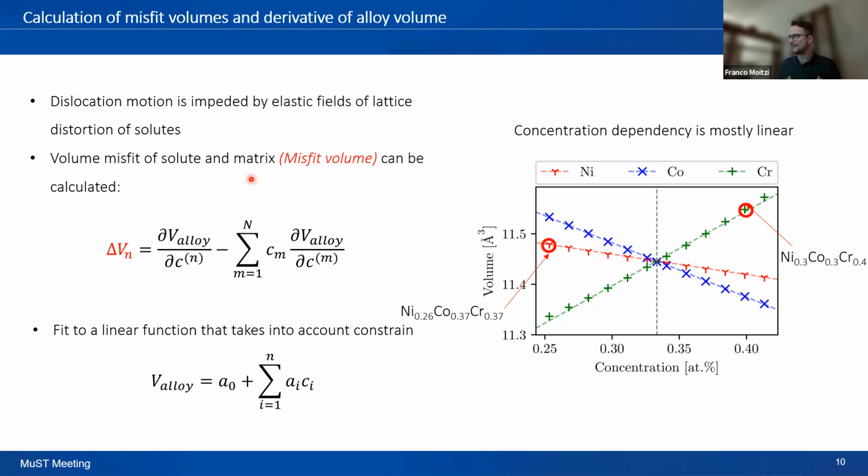It's a super heavy calculation, but if one does the same thing in FCC iron chromium for chromium, one really sees a slope here. It's not just linear.